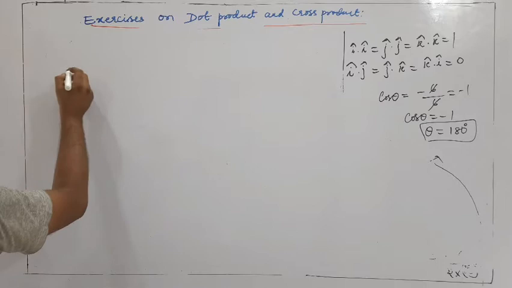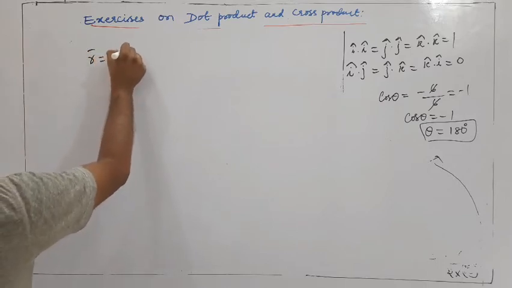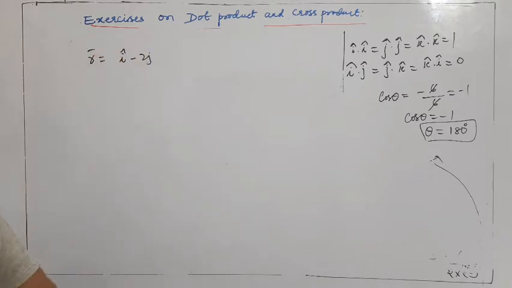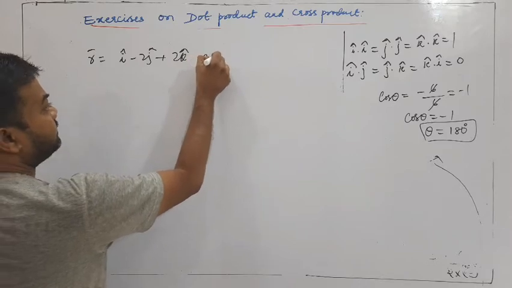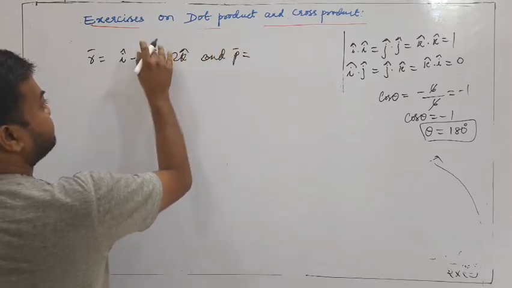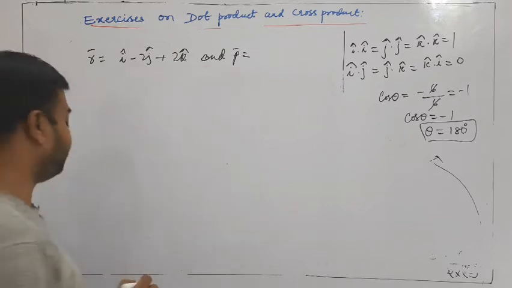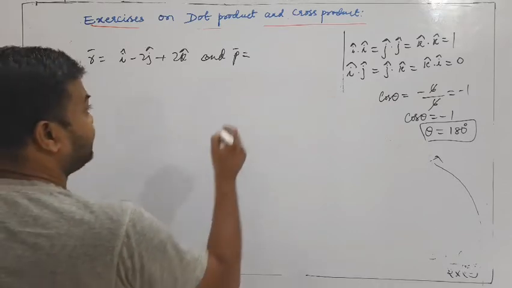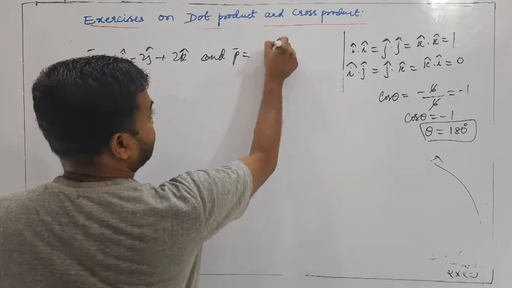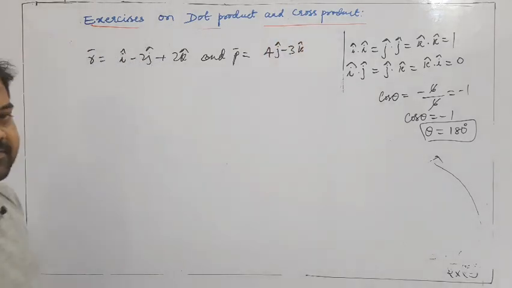Given r bar is equal to i minus 2j plus 2k, like this we have, and p bar is equal to 4j minus 3k, like this they have given.